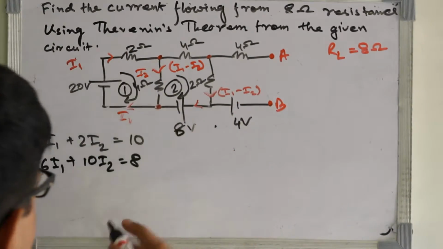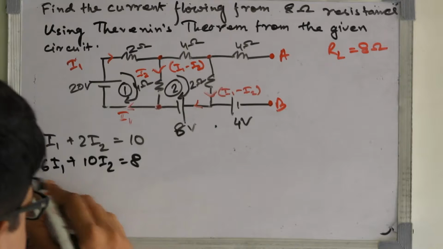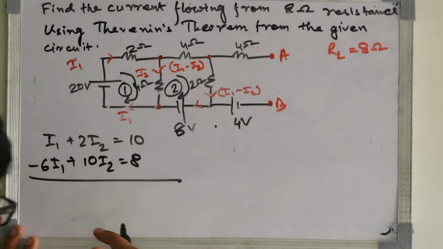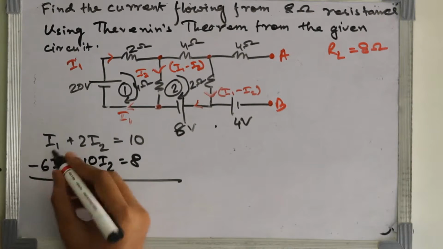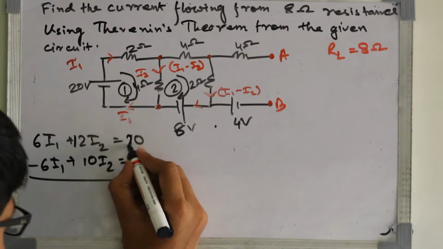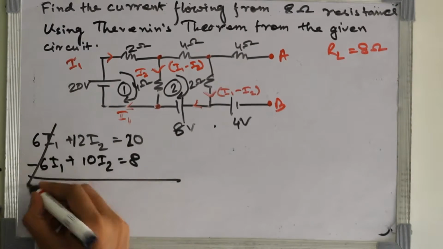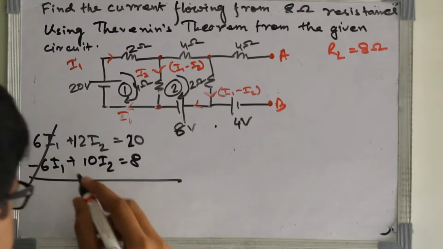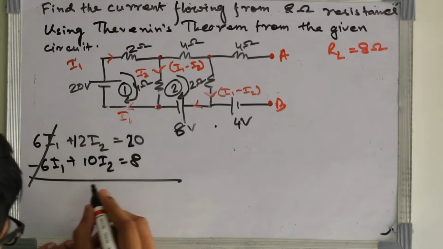Now if I solve both of them, this will be like this, 6, this one is 12, this will be 60. Okay, I'll add these.